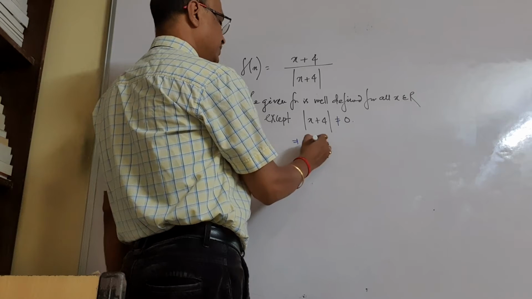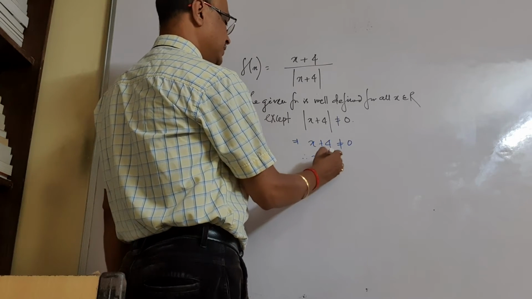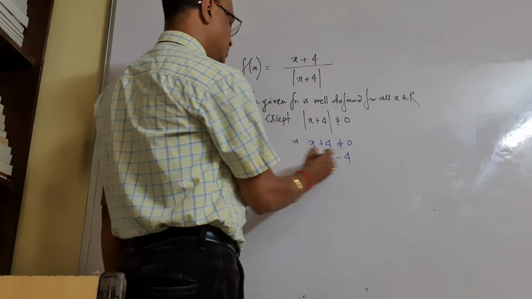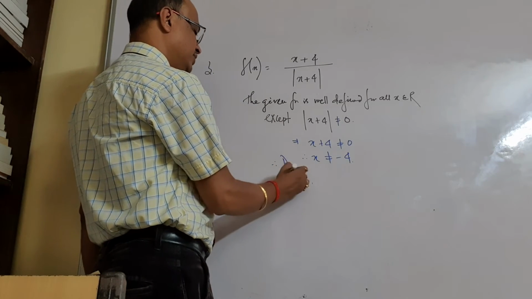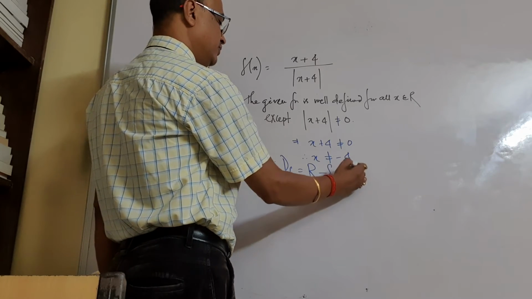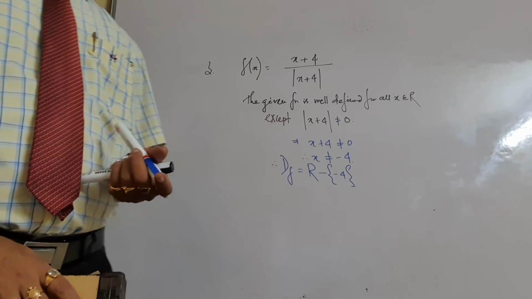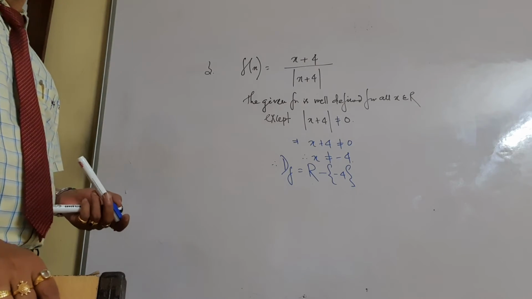So x plus 4 should not be equal to 0, which implies x should not be equal to minus 4. So what is the domain of this function? It can be all the real numbers except minus 4. So the domain of the function is all the real values except minus 4.